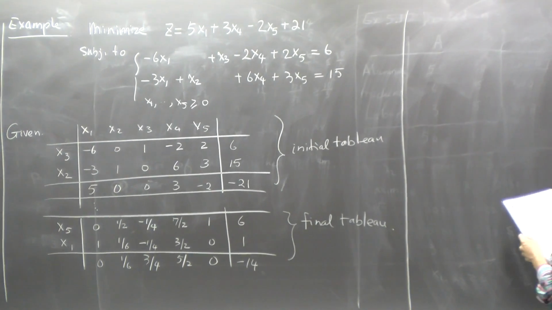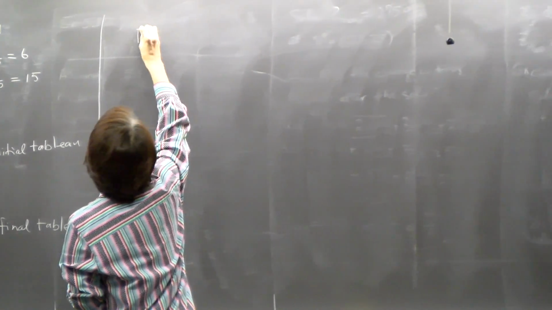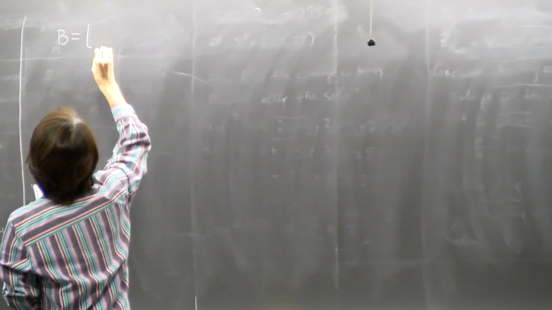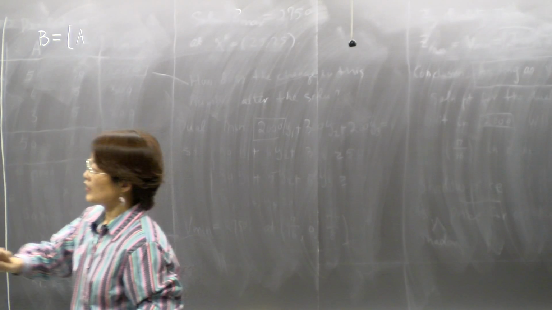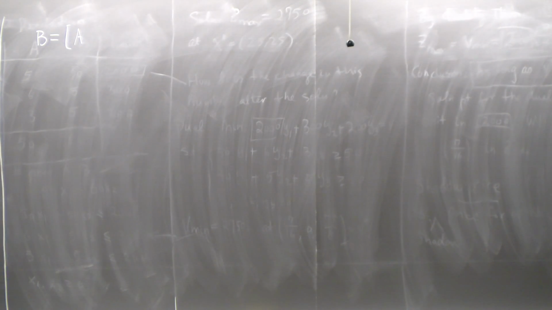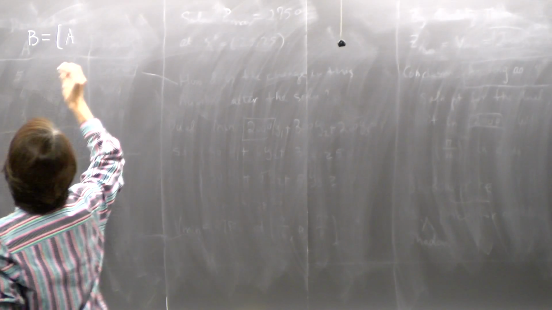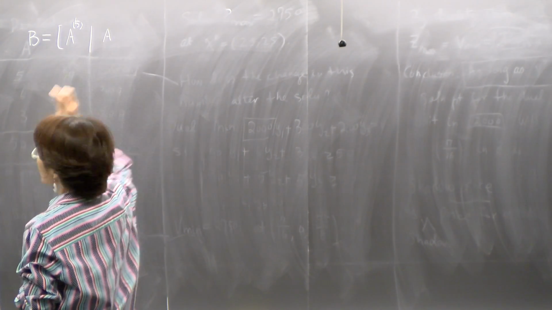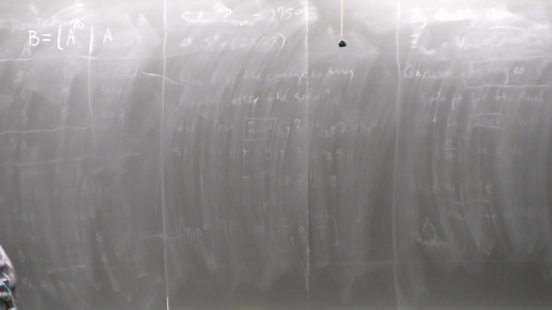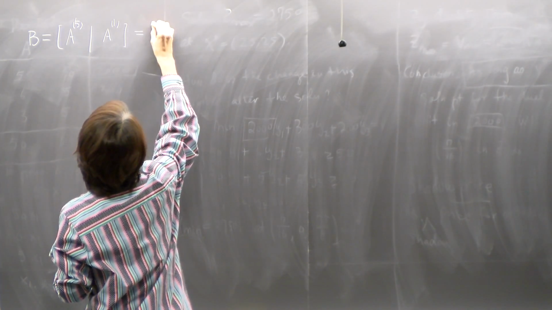Okay, so I need to form the matrix B. How do I form B? You take column number 5 of the A matrix, because that's the first basic variable, and then column number 1, from the A matrix, not from A star.